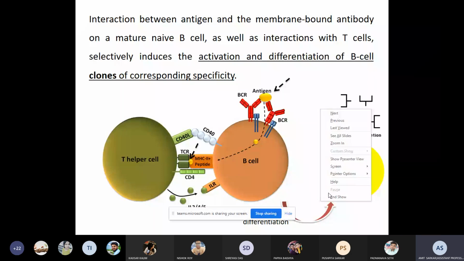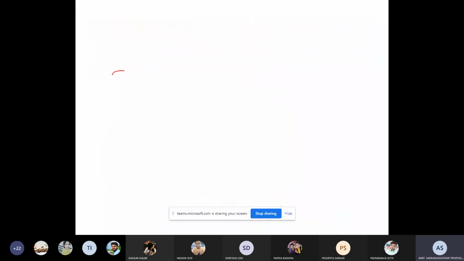So let's use a screen over here so that it will help you. As I was saying, we have millions of different types of B cells, different meaning they have different kinds of membrane-bound antibody.